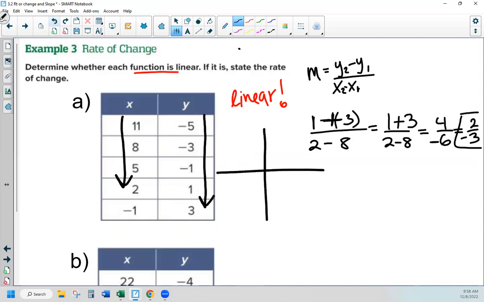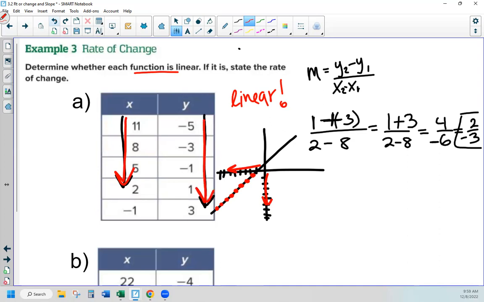Just to give you a quick sketch for those of you who are visual: as your points are being created more to the left, meaning less in your x's, they're also being created down, less in your y's.